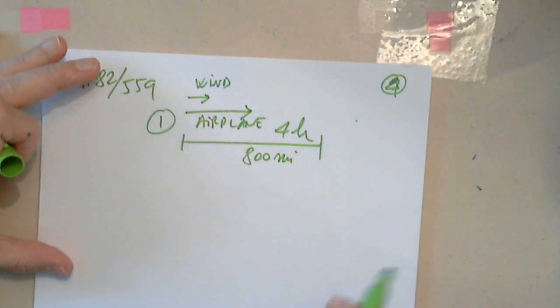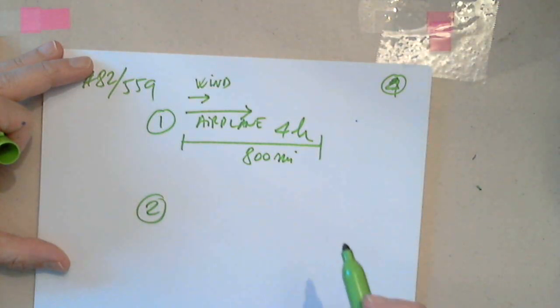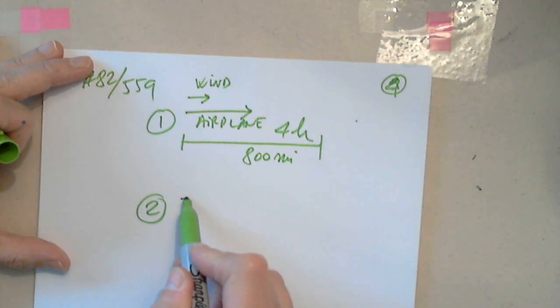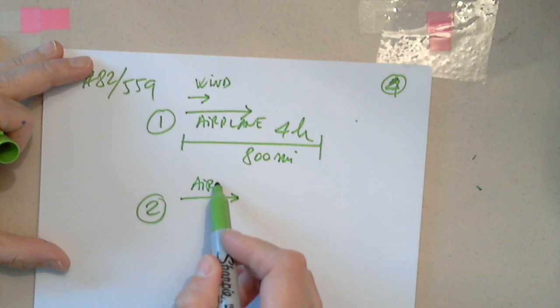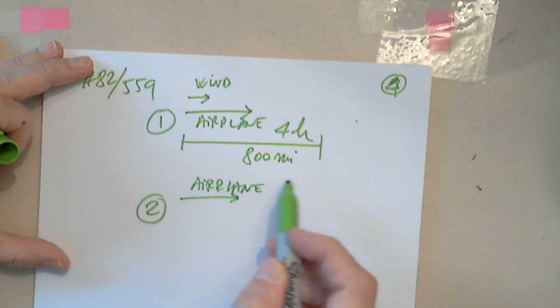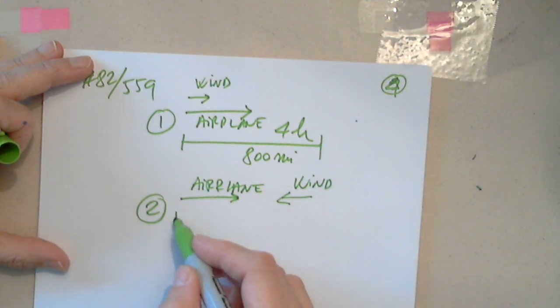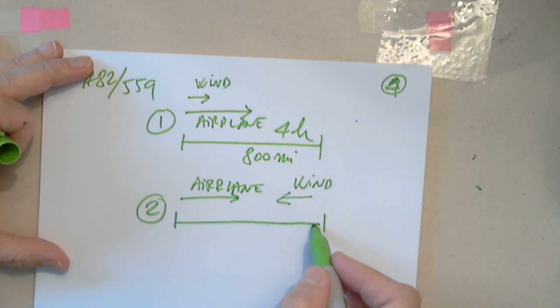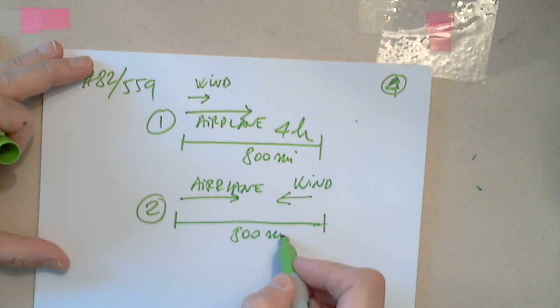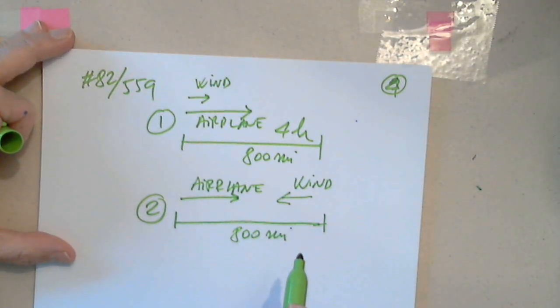So this is scenario number 1, and here's scenario number 2. Let's say here is the airplane, and here's the wind. It covers the same distance of 800, but this time it takes 4 hours.